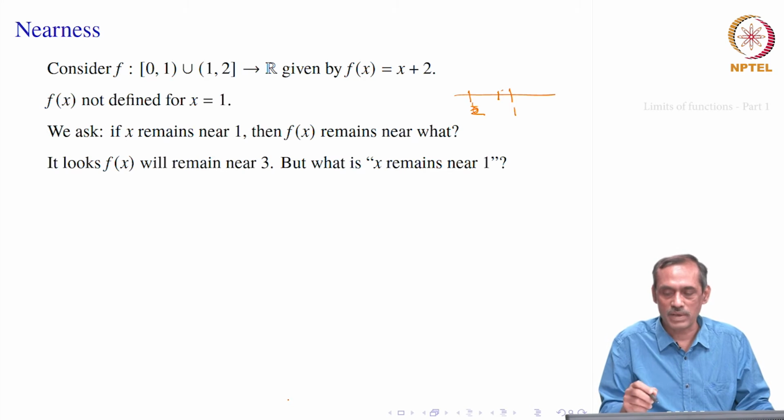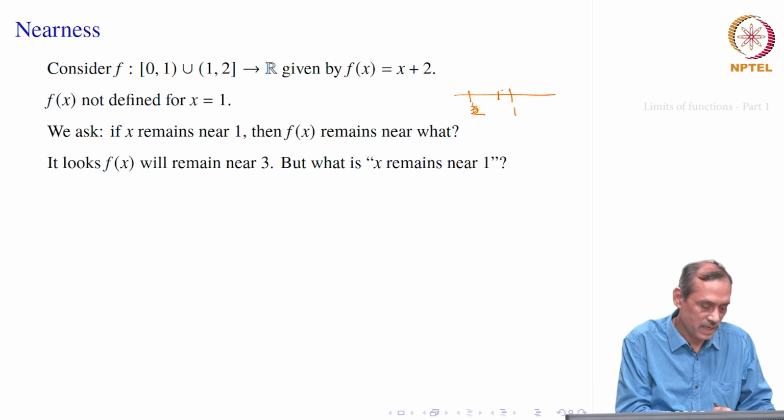Within the radius of 0.1, I might accept all of them as near, that is 0.91, 0.92 and so on. All those things can be taken as near. On the other side, with nearness of 0.1, I would think 1.09 is also near 1.